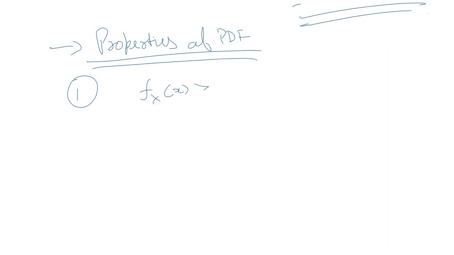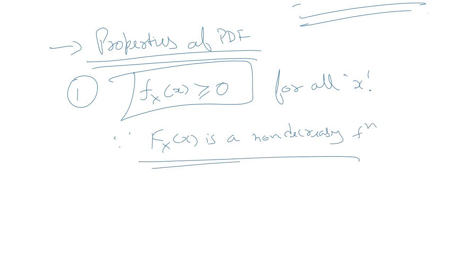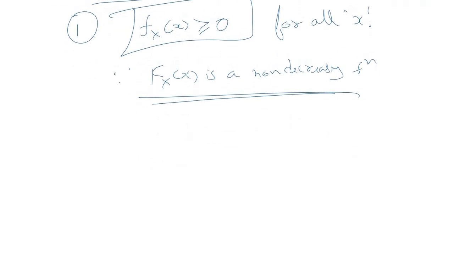PDF is always greater than or equal to 0 for all values of x, and that is quite intuitive since the CDF is a non-decreasing function. So since CDF is a non-decreasing function, its derivative will always be a non-negative quantity. So the PDF is always a non-negative quantity. That is the first property.